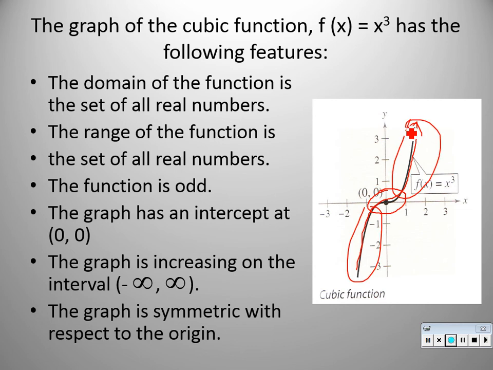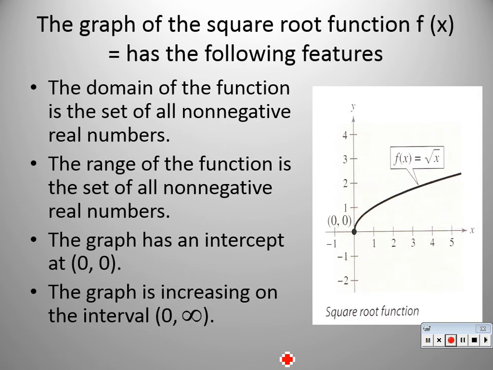So don't fall into the trap of thinking this middle part here is constant. It's not. It's always increasing. And then the other part, obviously, if the graph is odd, then we say that it's symmetric with respect to the origin there. So we already kind of mentioned that. So that is the cubic function. Big thing to remember about the cubic function is the shape of it. It's sort of like a chair shape graph. Another type of curve is the square root function.